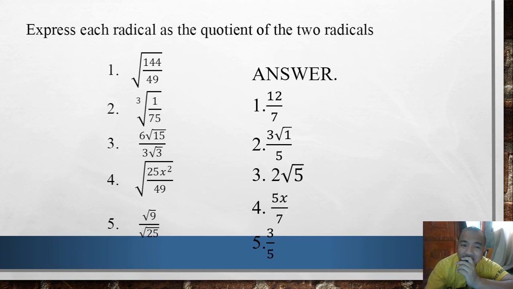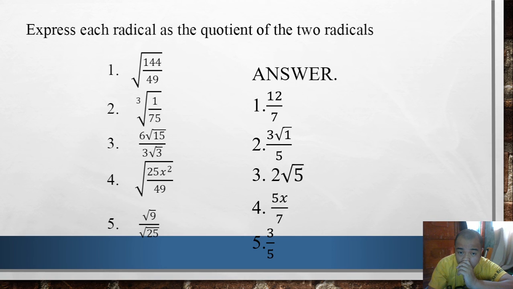Okay, assignment na lang. Your assignment is number 2, cube root of 1 over 75. So, what will we multiply? What will we multiply to make it a radical? Let's rationalize number 2.